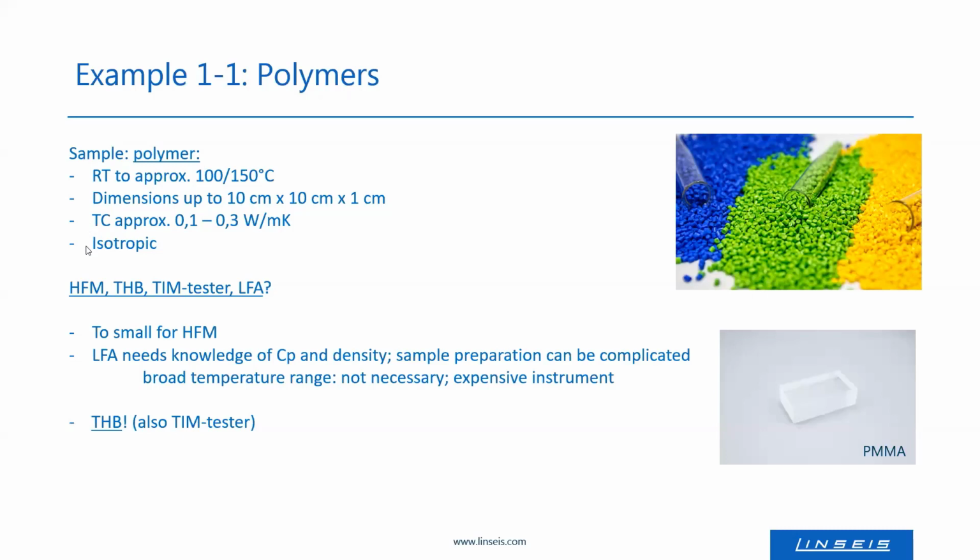Material is isotropic. Everything's perfect for a Transient Hot Bridge. You can also consider a TIM tester, but this would need a more complicated sample preparation. So for a simple polymer, things are very simple. The Transient Hot Bridge would be the best choice.